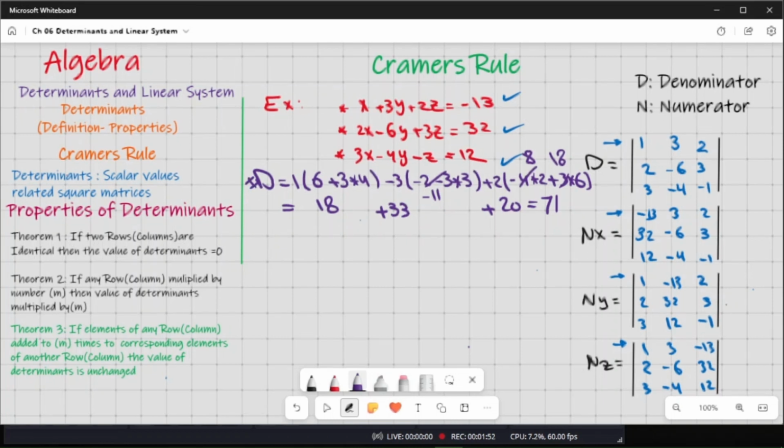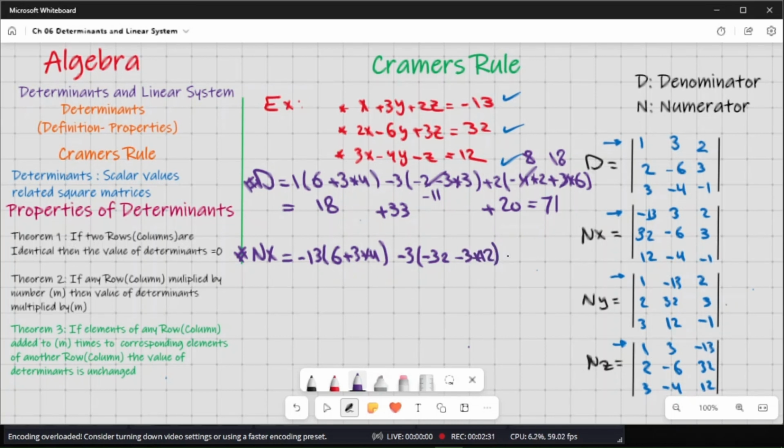Okay, for nx equal to here we have negative 13 and 2 into 6 plus 3 and 4 minus 3 and 2 into negative 32 minus 3 and 12, plus 2 and 2 into 32 and 2 negative 4 plus 6 and 2 into 12.